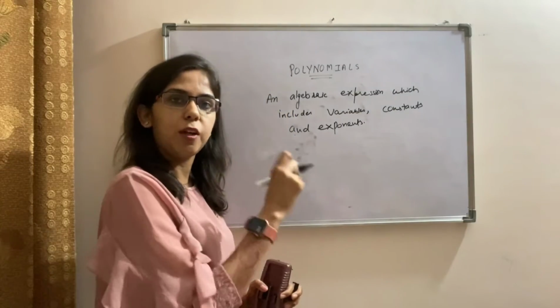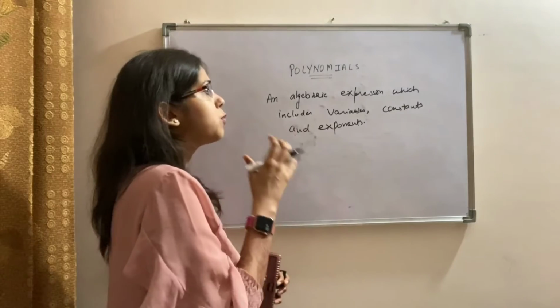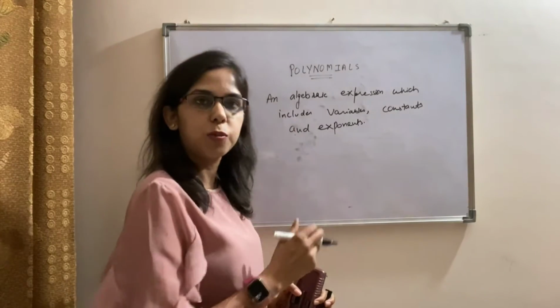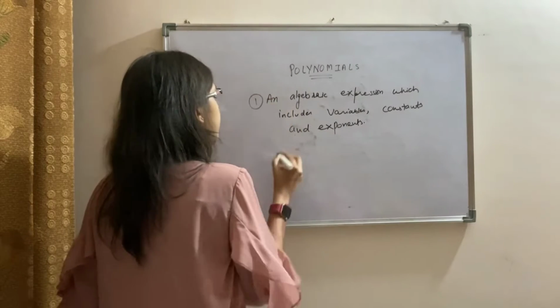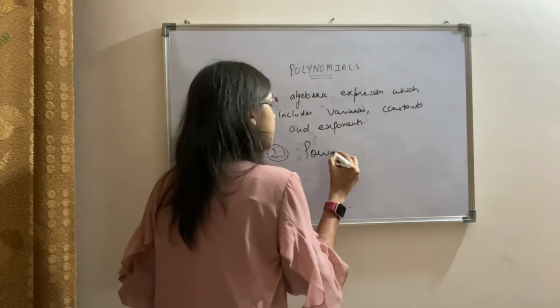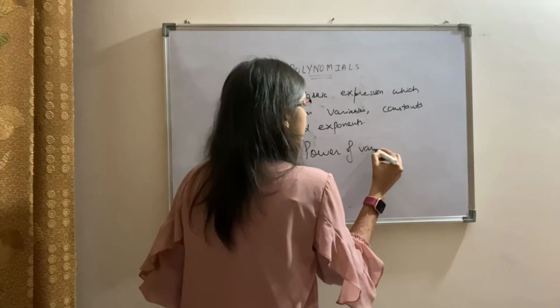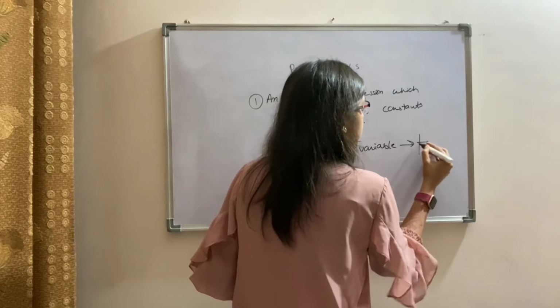I am coming to the meaning of exponents also. So an algebraic expression which includes variables, constants, and exponents is called a polynomial, and this is the first condition. And the second condition is that the power of the variable should be a positive integer.